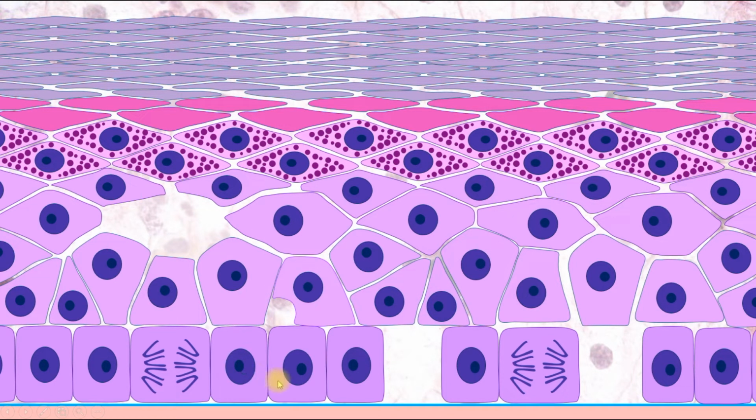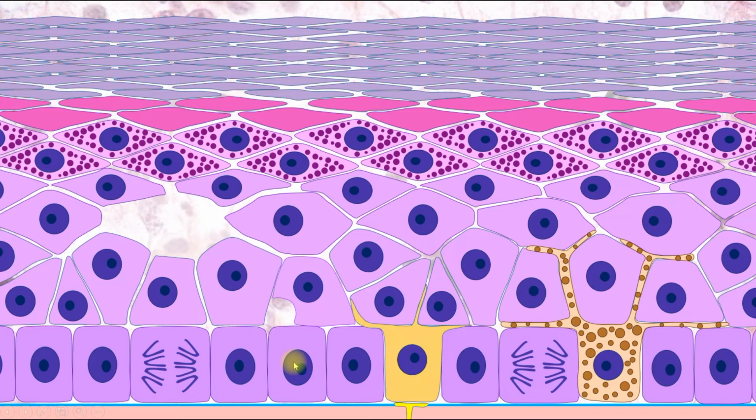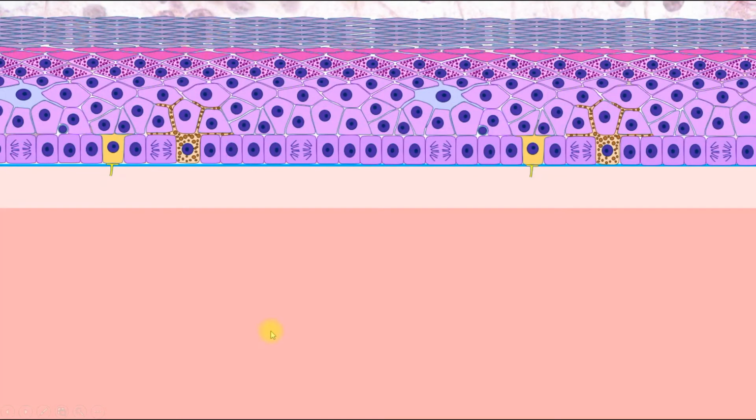All those layers are composed of keratinocytes on different stages of their development, and also we have melanocytes, Merkel cells or sensory cells, intraepidermal macrophages or Langerhans cells, and intraepidermal lymphocytes. And here we can see epidermis, and under epidermis we have papillary dermis, which is composed of loose fibrous connective tissue, and reticular dermis, it's dense, fibrous, irregular connective tissue.